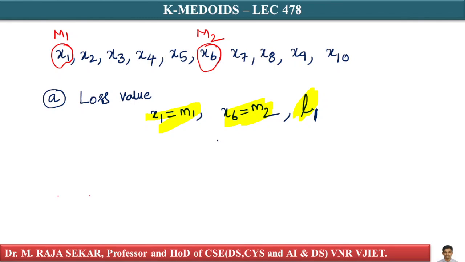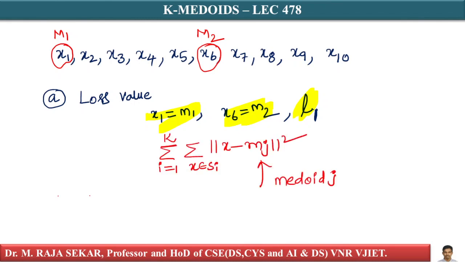The loss is computed using sigma i equal to 1 to k, x belongs to Si, norm of x minus mj whole square, where mj means medoid j.